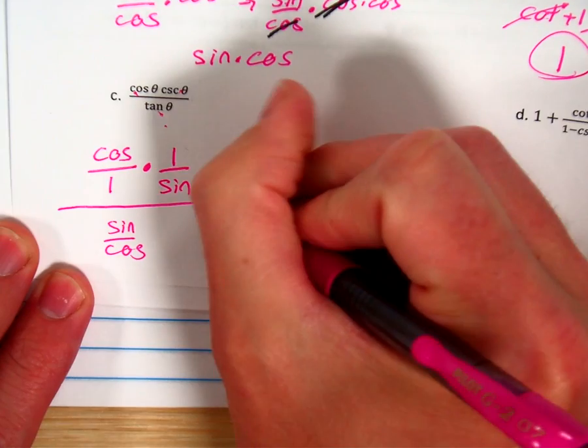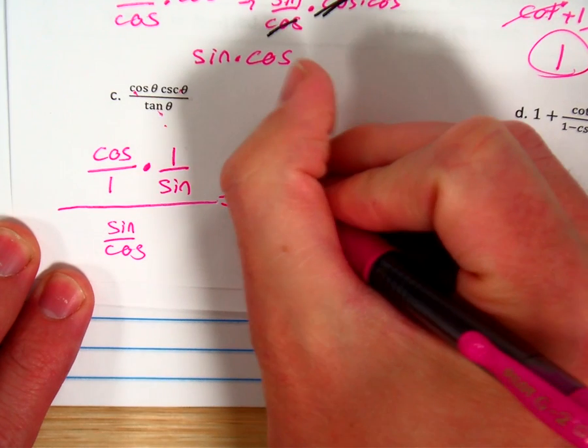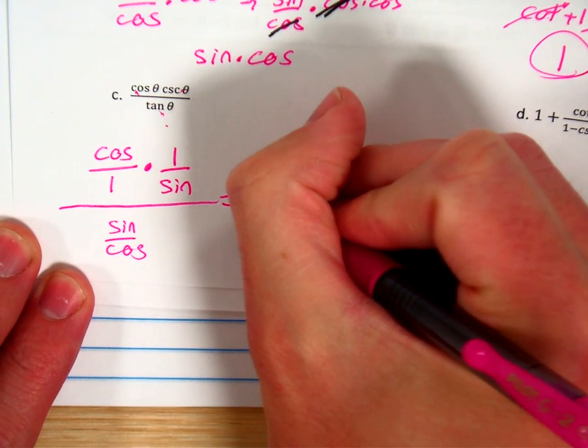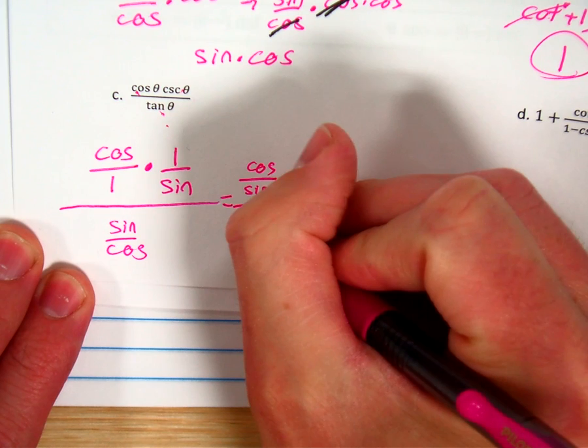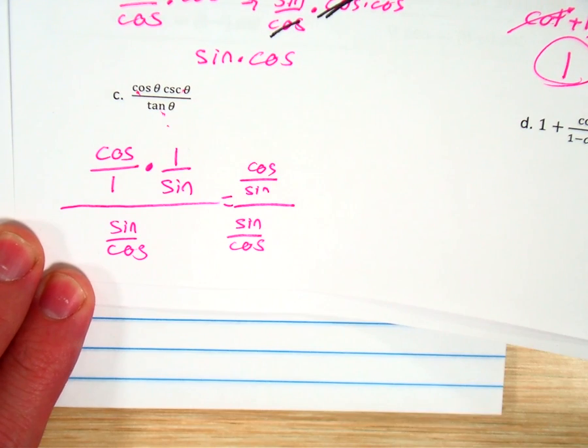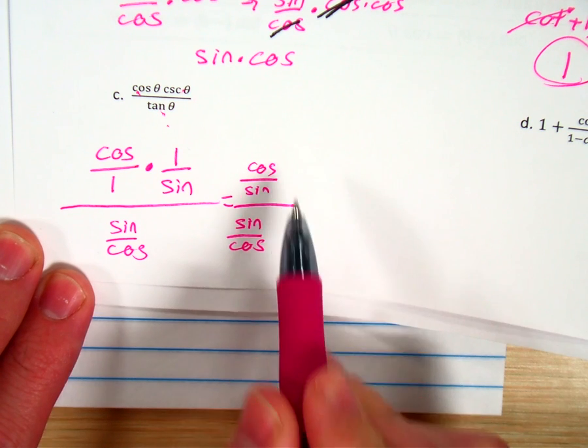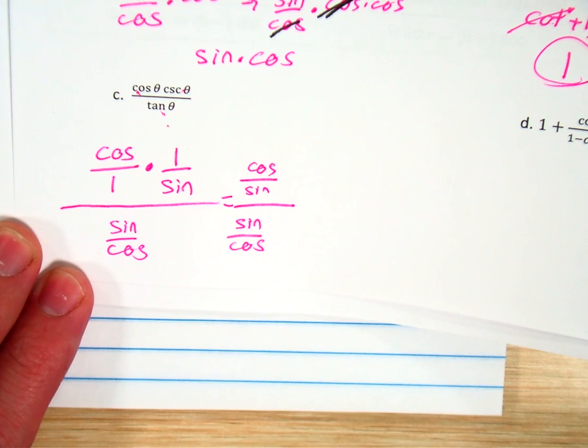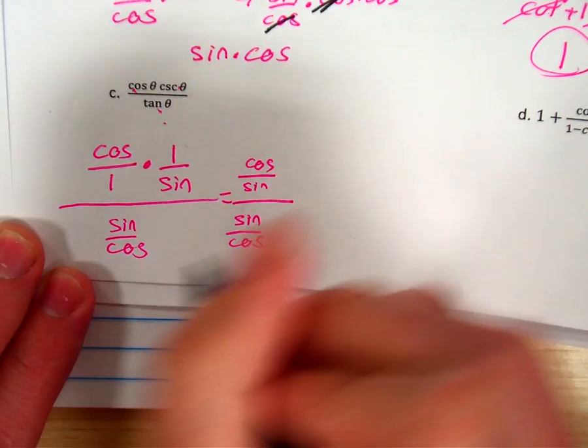So we can simplify the top: cosine over sine, big fraction bar, sine over cosine. Fraction divided by a fraction, multiply by the reciprocal.